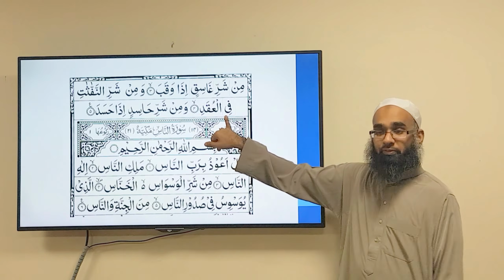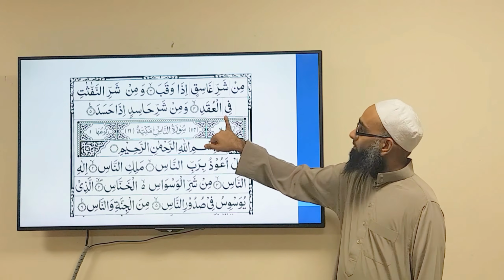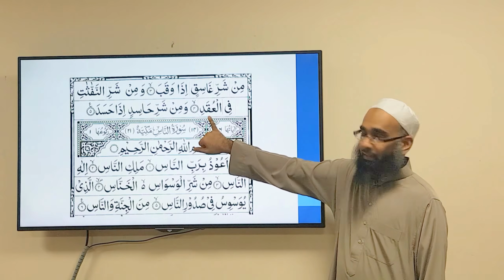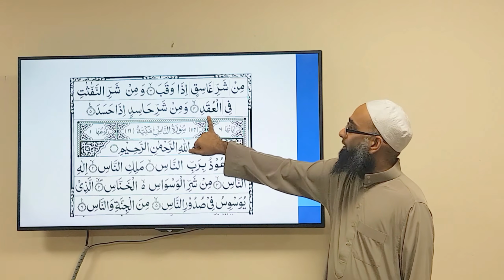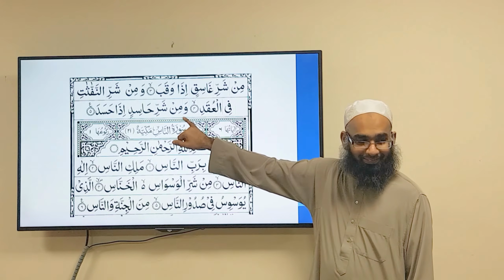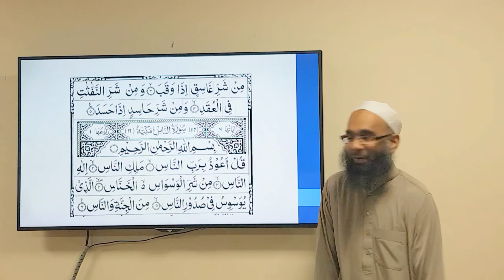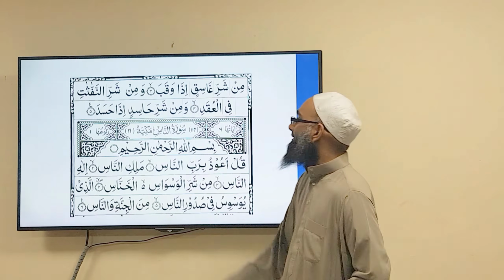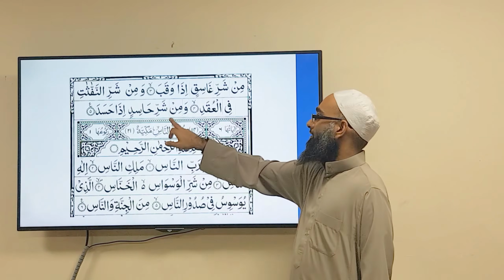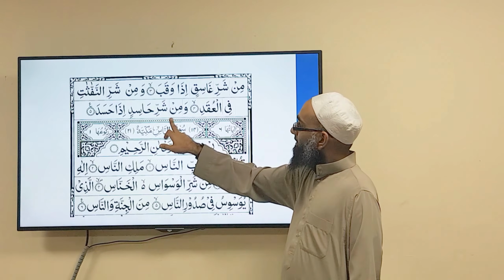Next example we have here. Fi. Ism, fa'il, or harf? Harf. Why? 2-letter word. Good. Then, Uqad. Ism. Why? Al. Good. What? Harf. Why? 1 letter. We know it's 1 letter, but you get the point. It's one of those really small particles, okay? Min. Harf. Why? 2-letter word. Okay.